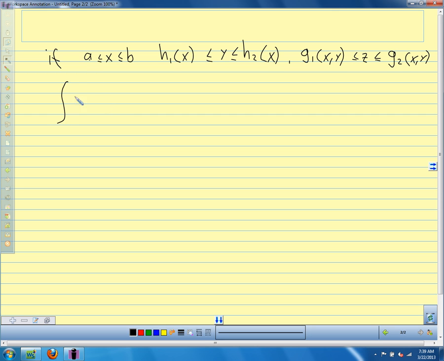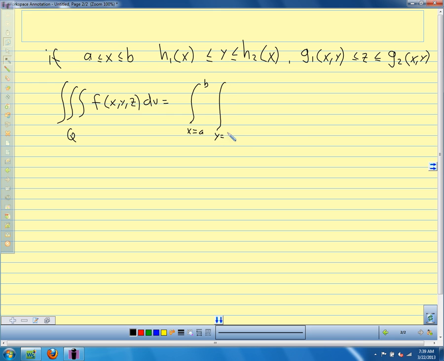Then our triple integral over our region Q is just going to be the integral x equals a to b. With triple integrals it can be helpful to write your variable in so you remember. You don't have to, but it can help you remember.